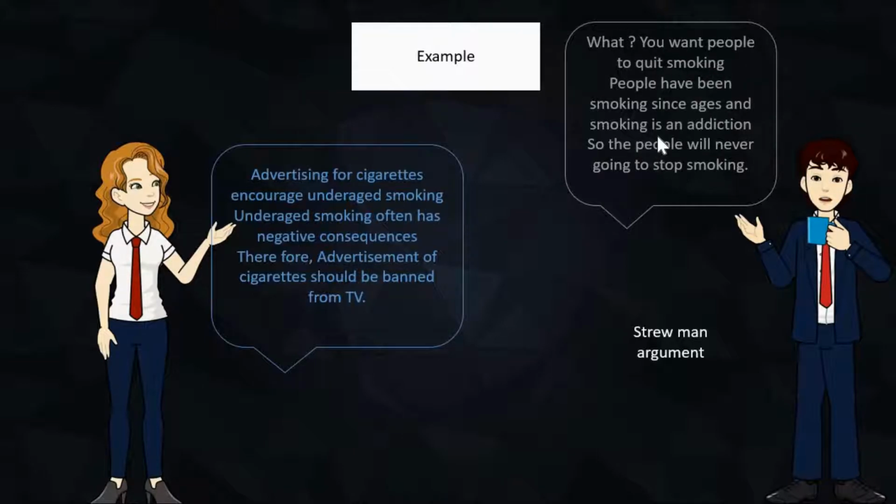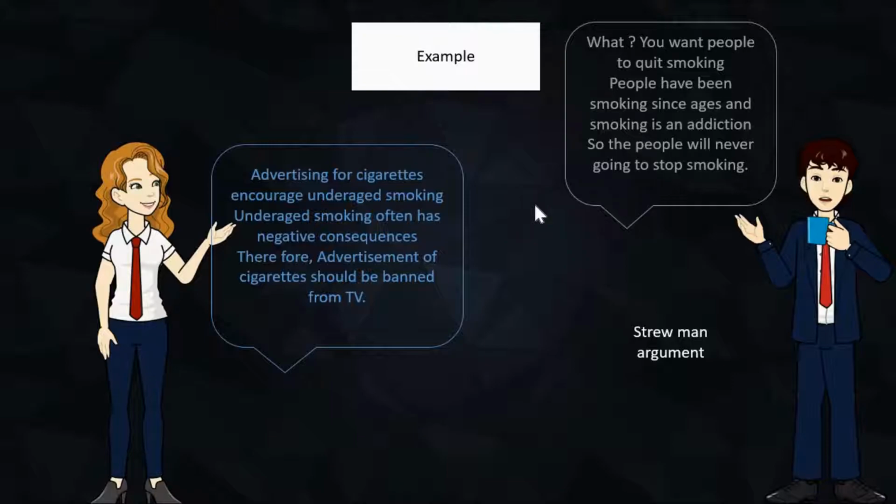He says that people have been smoking since ages and smoking is an addiction, so people will never stop smoking. Responding to this one is pretty hard, but responding to that one is not very difficult. So through misrepresenting her argument, he made it easier to attack.